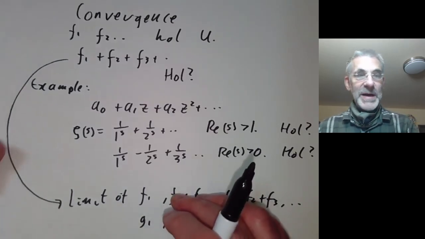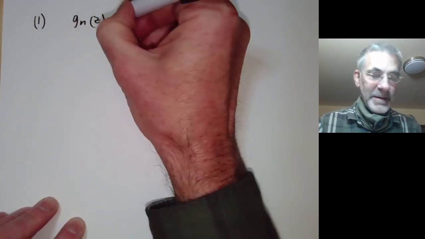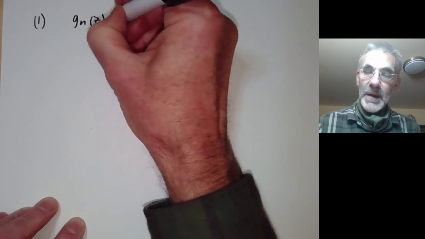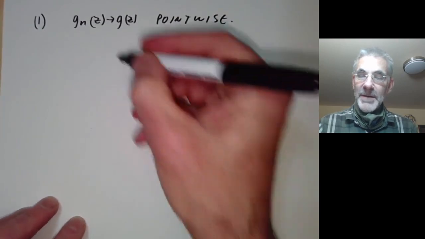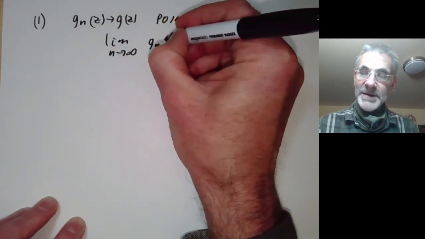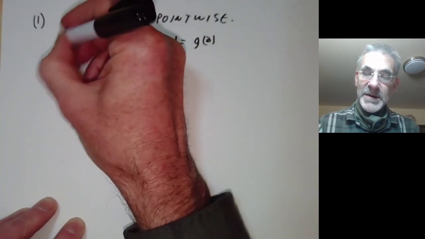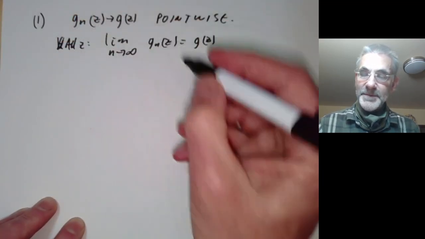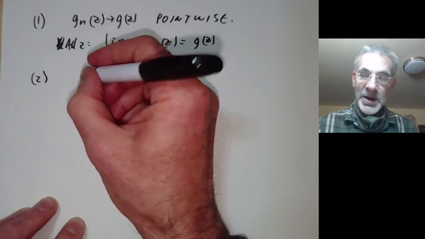And there are three notions of convergence of sequences that we're going to define. The first of these says that Gn tends to G pointwise. This just means the limit as n tends to infinity of Gn(z) is equal to G(z), and this holds for all z. The second notion we're going to have is uniform convergence.